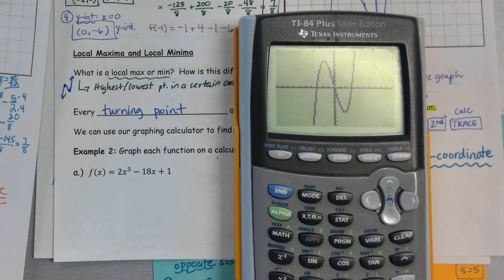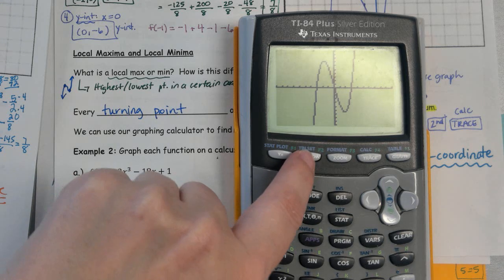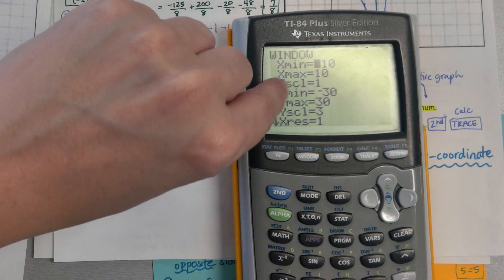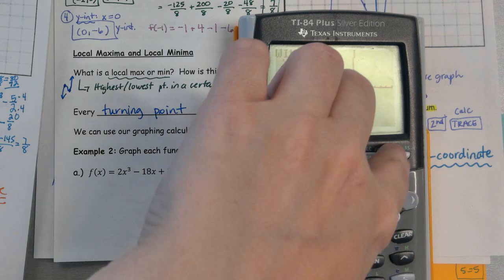Ooh, doesn't that look nice? Alright, so now let's find the local maxima and minima, okay? When you're adjusting, just adjust the min and the max on your y's. And then I adjusted the scale so that the points aren't so close together.